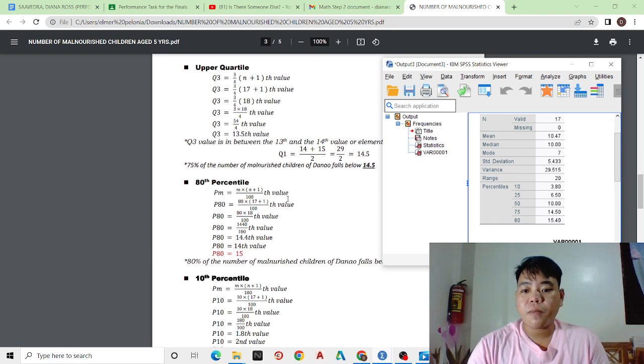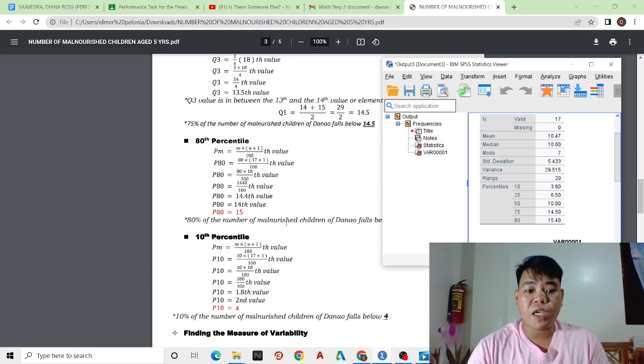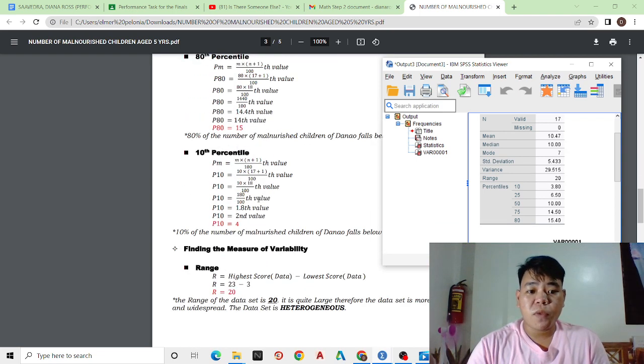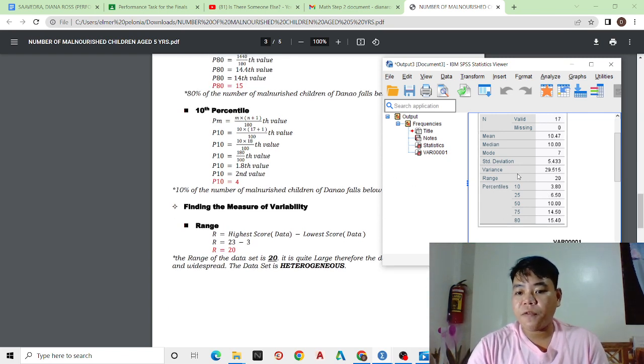And then the 80th percentile, which is 15.4 or 15, which is around that. And then the 10th percentile, which is 3.8 or 4. And then the range of 20 here, correct.